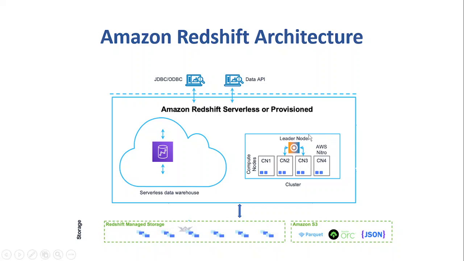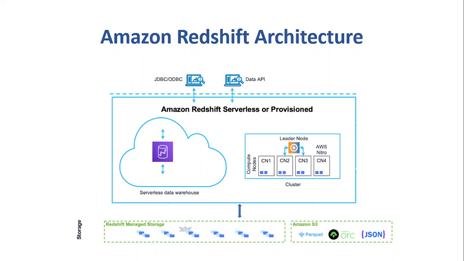Other than facilitating the communication with the client application, it also communicates with the compute nodes. It manages client connections, receives queries, creates and optimizes query plans, and after that distributes the query execution plans to compute nodes and aggregates the results before sending them back to the client. So these are the various things the leader node does.